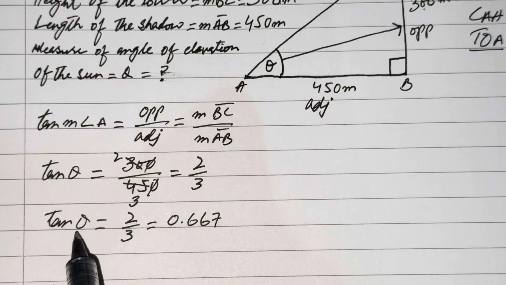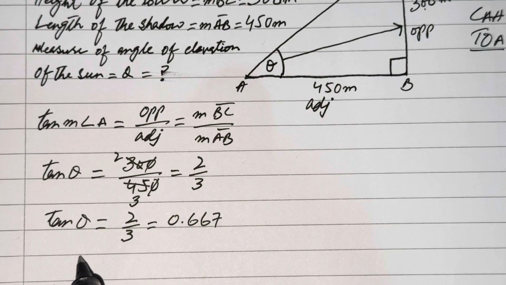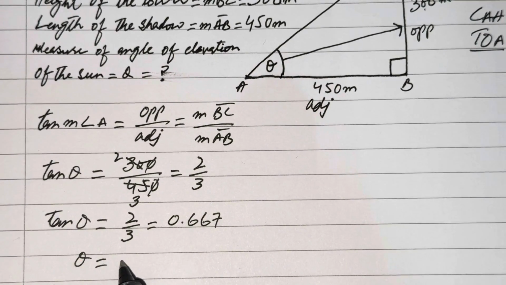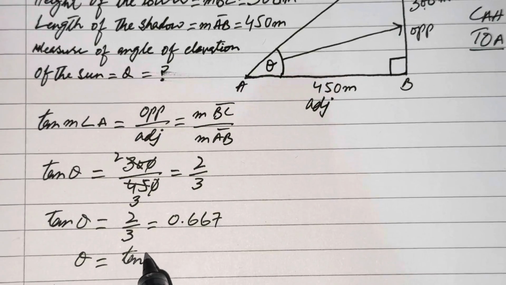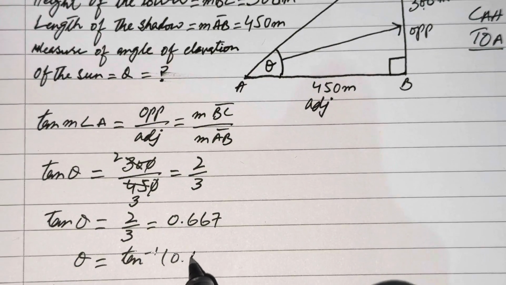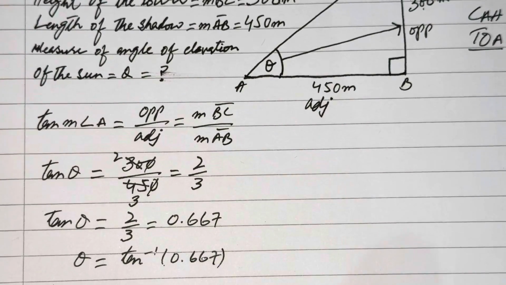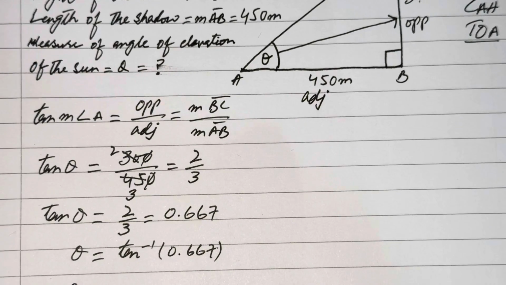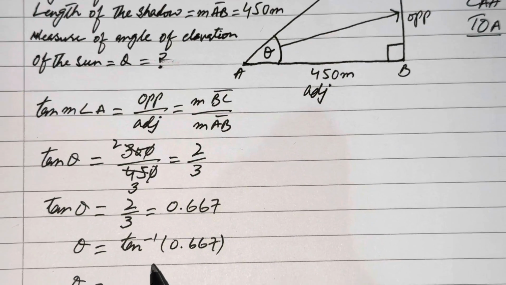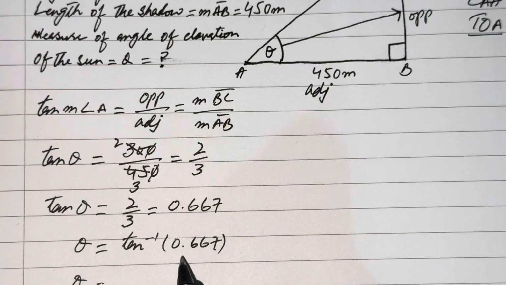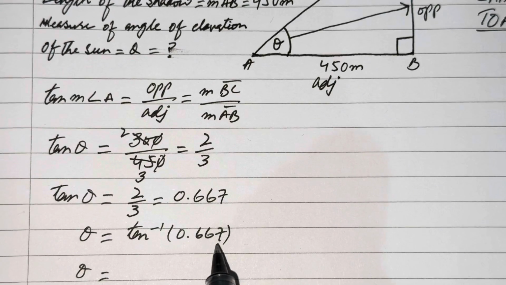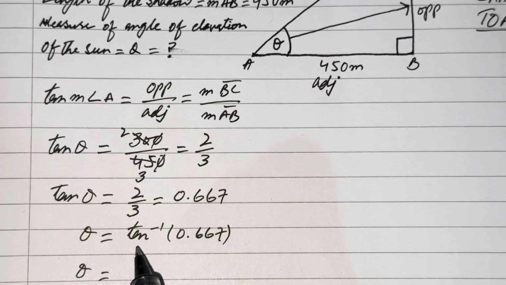Now we have to find the value of theta. Theta can be written as, take tangent from this side to the other side. When it comes to the other side, it changes into tangent inverse of 0.667. Now we use the calculator to check at which angle we get the value of 0.667.